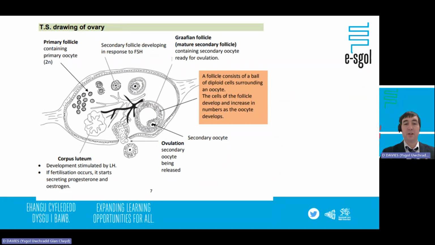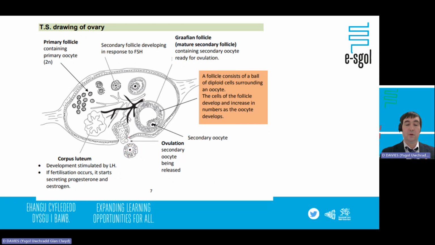Ovulation occurs when this Graafian follicle bursts out. It joins onto the wall of the ovary, bursts out, and the secondary oocyte with some of the cells is released into the fallopian tube.